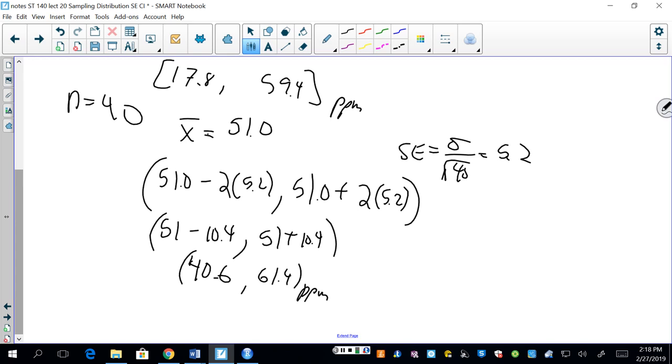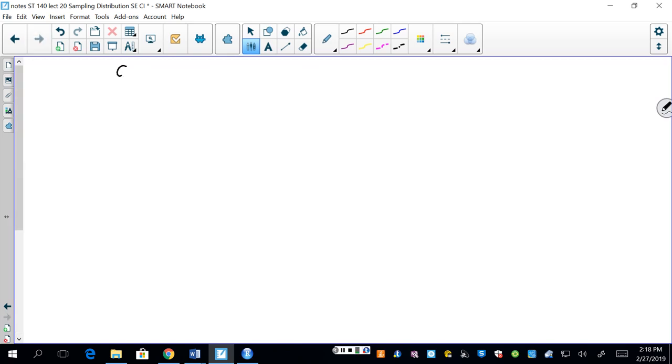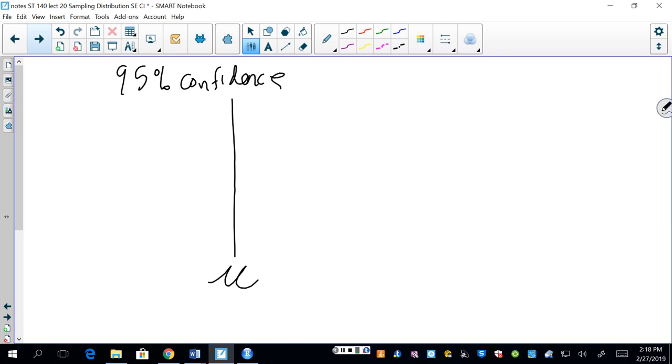Right, so the idea is, what do we mean by 95% confidence? We want 95% of our intervals we make this way to actually capture the true value of the population average. So if this is the average, this is the population mean.